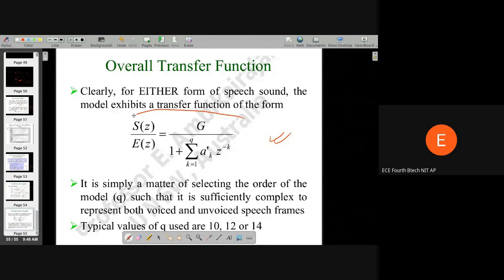You have a gain, and this is the basic overall voice production system model. So you use different values of Q here. Based on the number of resonators, for every resonator you will need 2 poles. So you calculate basically how many resonators you are modeling to represent your speech system. So that's it. That's all we have for today.